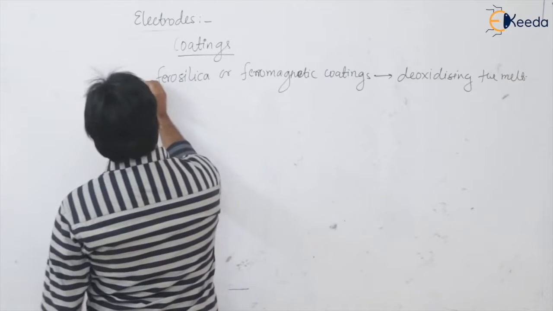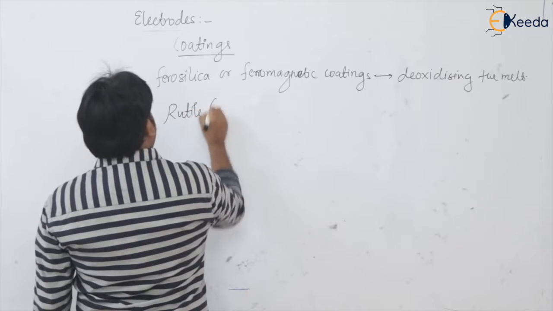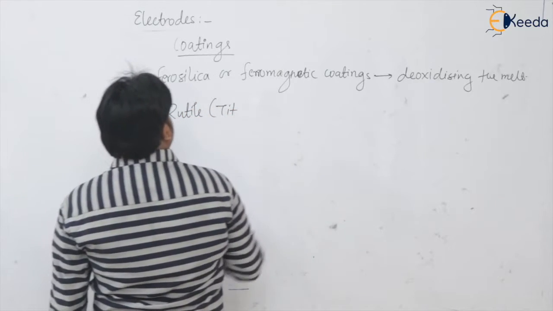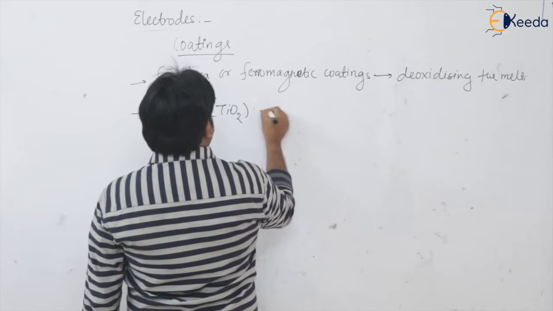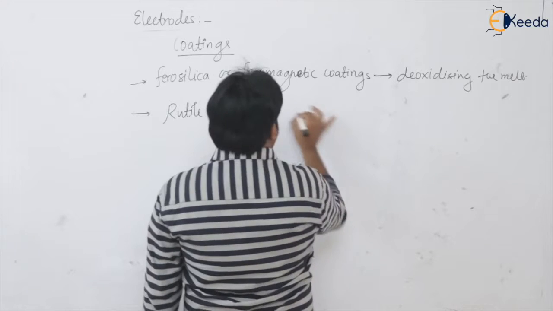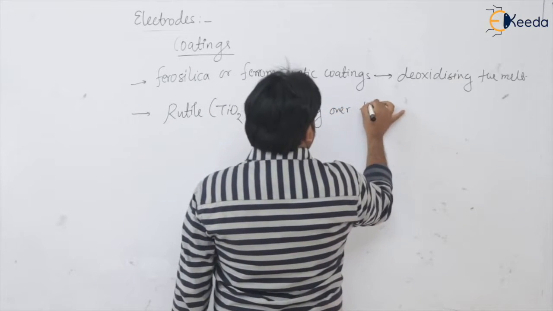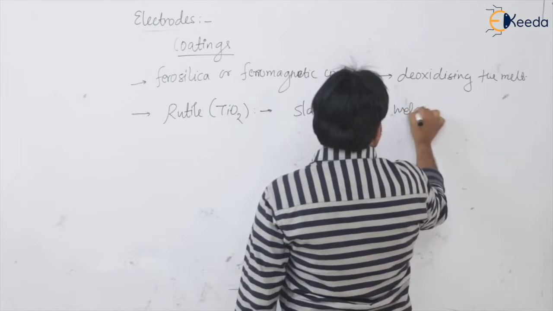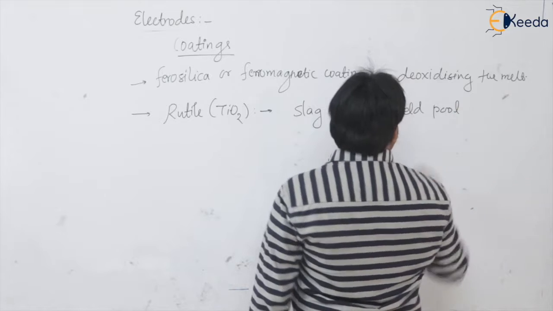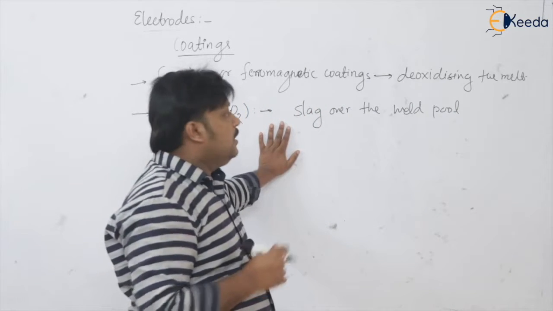Then we can have the rutile, or this is the titania coating, TiO2, which is basically forming a slag over the weld pool and protecting your weld from the atmospheric contamination.